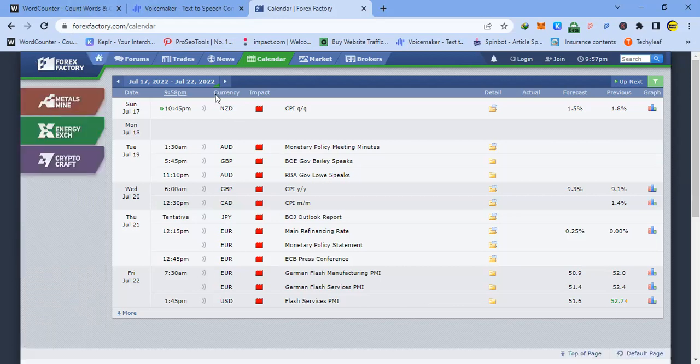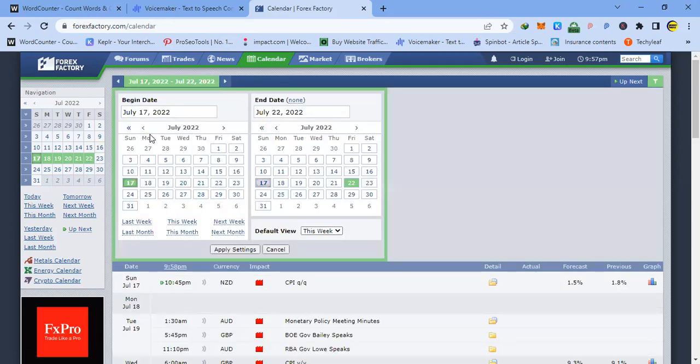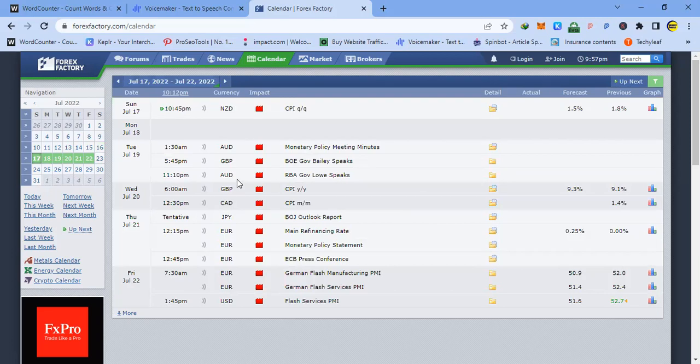So as you can see, this week is starting from the 17th to 22nd. So I'm looking at from the 17th of July to the 22nd of July. So tonight at 10:45 p.m. GMT, so I'm in Africa, Ghana to be specific.